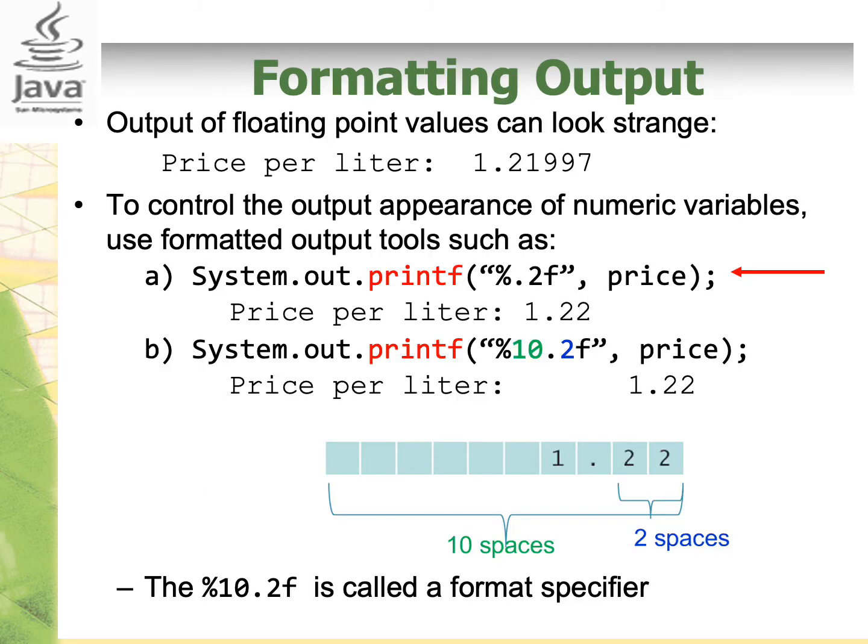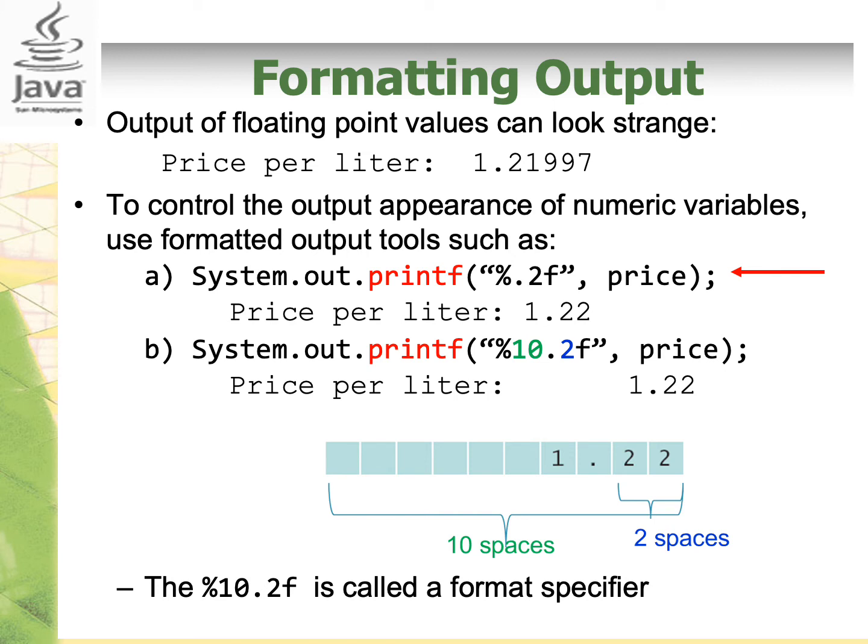Say that we want to output a floating point value. If we use println or print, it will display the whole value, for example, 1.21997. We can use the printf method to control the output appearance of the number. If we want to display the price value to 2 decimal places, we can write %.2f, where that is the specifier to refer to 2 decimal places.